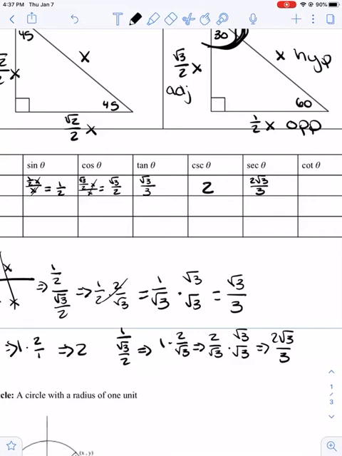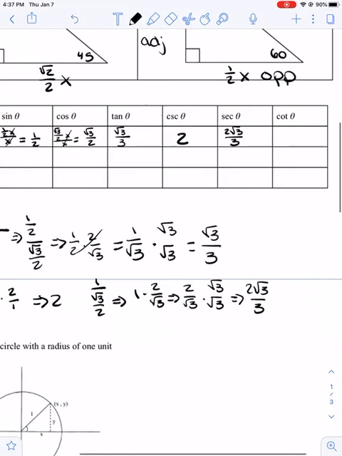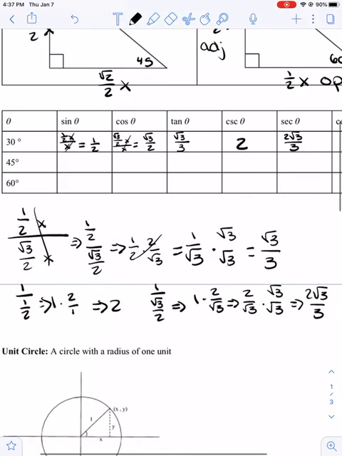Okay, cotangent. We'll just flip tangent. We started with tangent of 1/2 over square root 3 over 2. So I'm going to change that to square root 3 over 2 divided by 1/2.